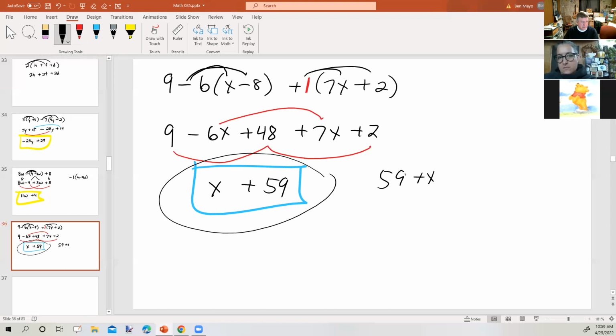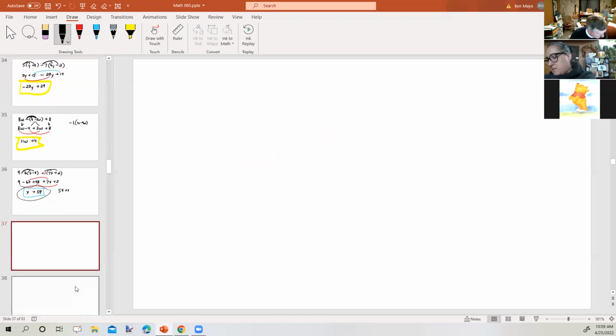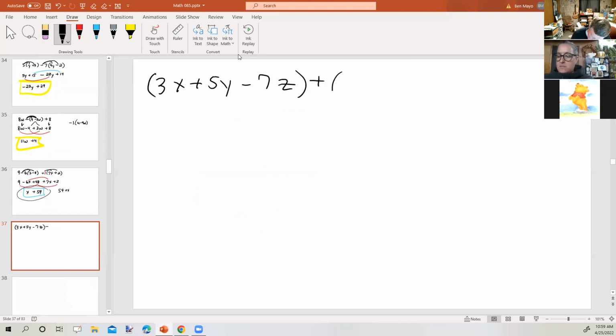Right, just a minute here. Okay. So here we have the quantity 3x plus 5y minus 7z plus the quantity 5z minus 2x minus 5y.